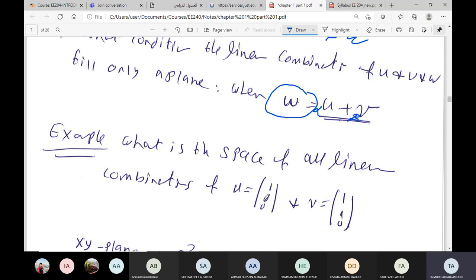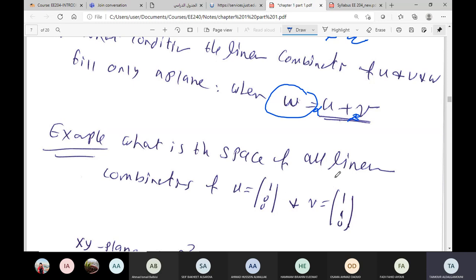No, because here the second component is 1, and no multiple of 0 will give us 1. So U and V cannot be written as multiples of each other. This means that the linear combination of U and V is not a line, it is a plane in R3.